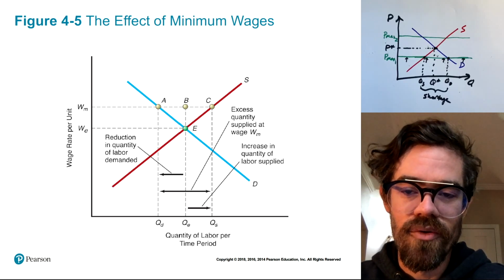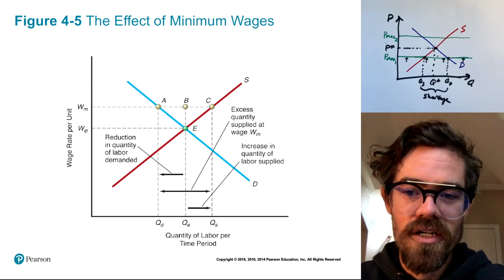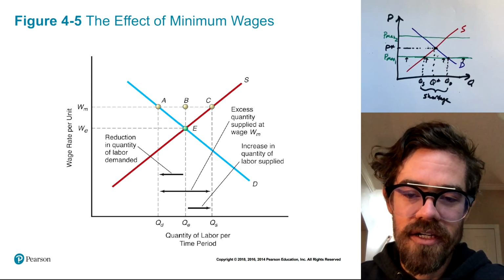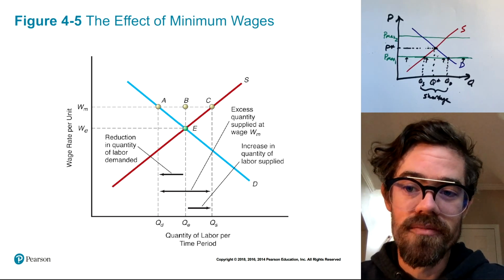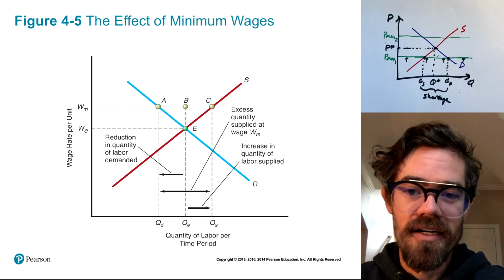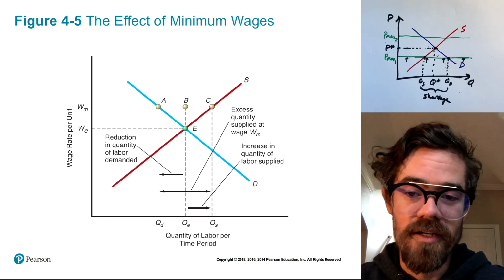So they are unemployed. This is the classical economic argument against minimum wage, that it can create unemployment. And again, just like with rent controls, the underlying purpose of minimum wage has a noble cause. It's to pay people a higher living wage. But unfortunately, it can have negative effects, increasing unemployment.